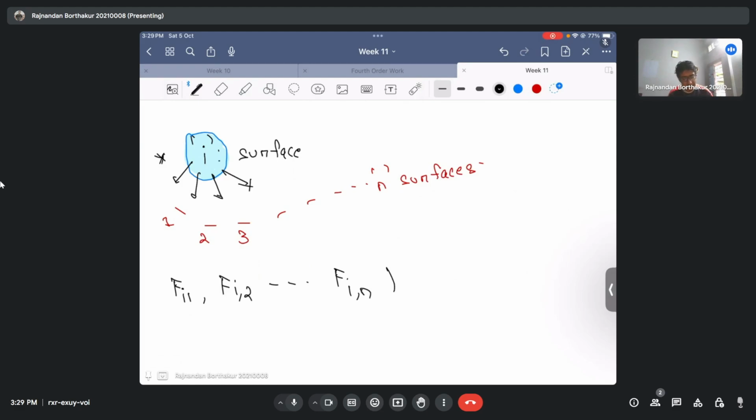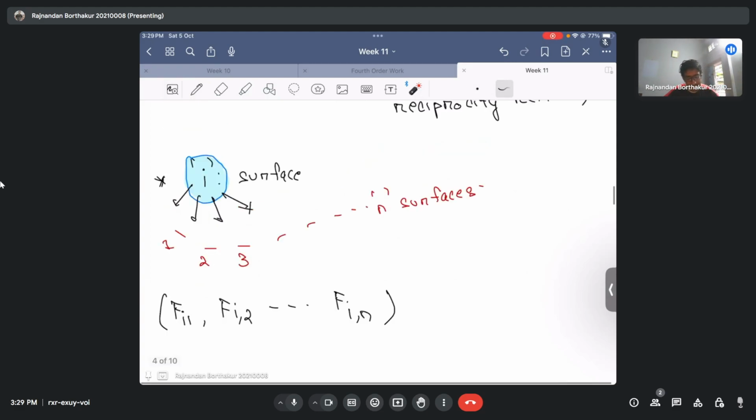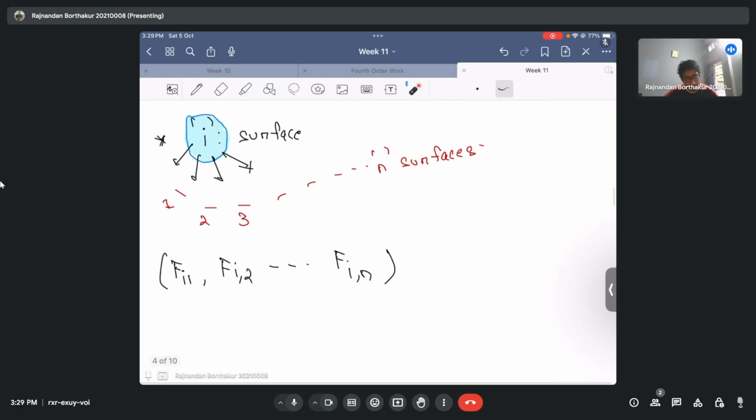So what is Fi1? Fi1 is the fraction of radiation leaving surface i that is intercepted by surface 1. Similarly, there is a fraction of radiation leaving surface i that is intercepted by the second surface.